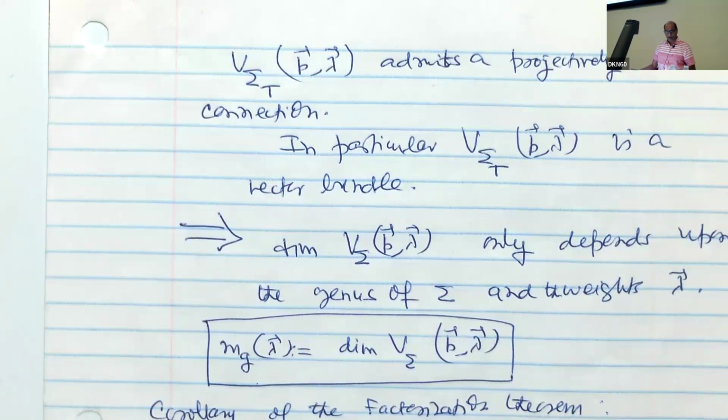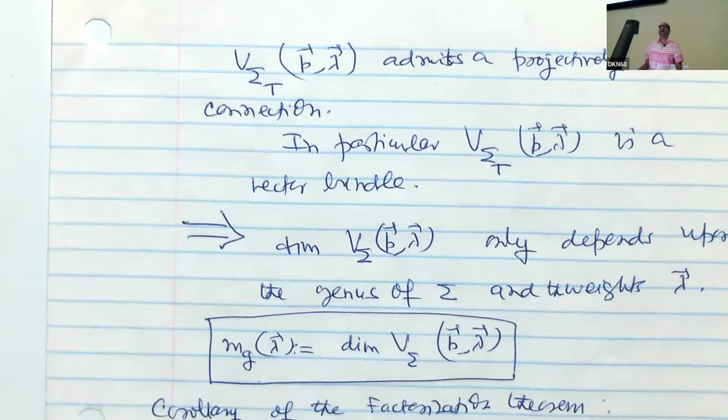That's the result of Verlinde and Mumford. And also you can continuously vary the points p_i. So one important consequence of this theorem is that this dimension does not depend upon the choice of the points, as long as you keep those points smooth and distinct, and it does not depend upon the choice of particular curve of that genus. So now this dimension only depends upon the genus and the choice of lambda_i.